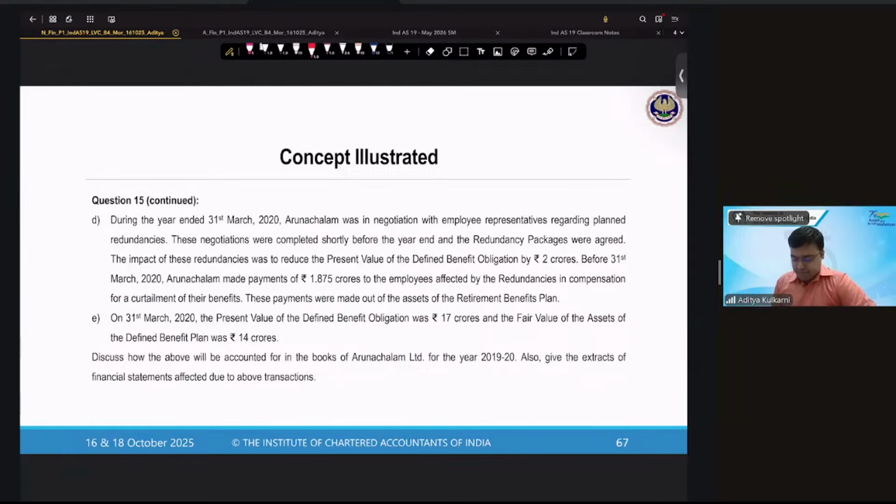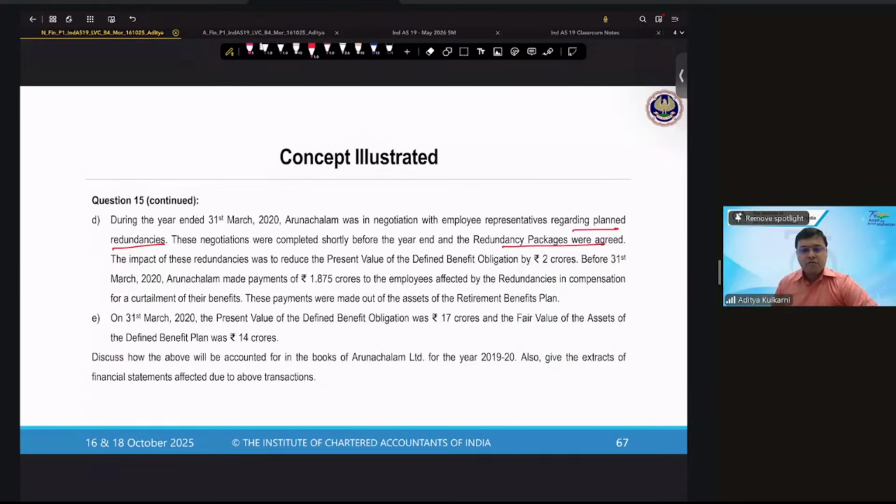During the year ended 31st March 2020, Arunachalam was in negotiation with employee representatives regarding planned redundancies. Redundancies means they are retrenching the employees. These negotiations were completed shortly before the year end and the redundancy packages were agreed to.